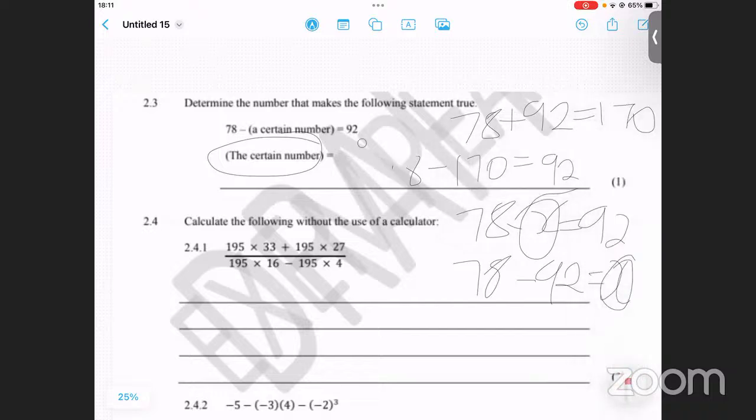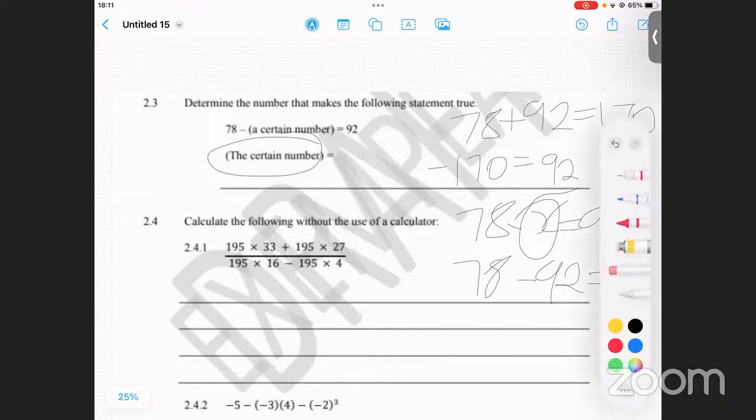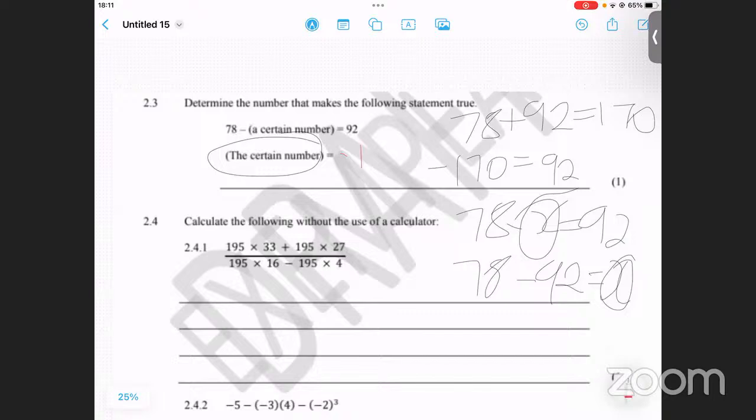Okay, let me try to wipe here. Are we all clear on this one? Minus 14. Are we all clear? Do you all understand? So if you go to your calculator, say 78 minus, open the bracket, minus 14. You should get a 92.